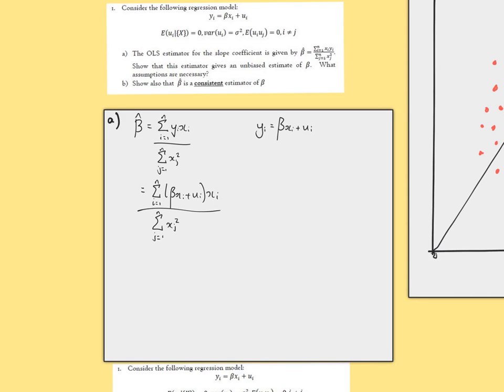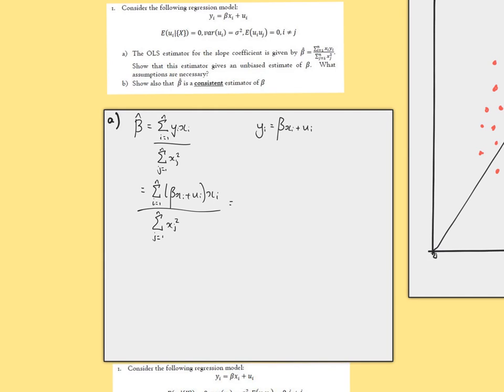With the summation on the numerator, we can just multiply out the brackets. We've got beta xi times xi, so that's beta xi squared, plus ui xi. Because it's a summation, we can split this into two summations: the sum of the beta xi squared plus the sum of the ui xi's.